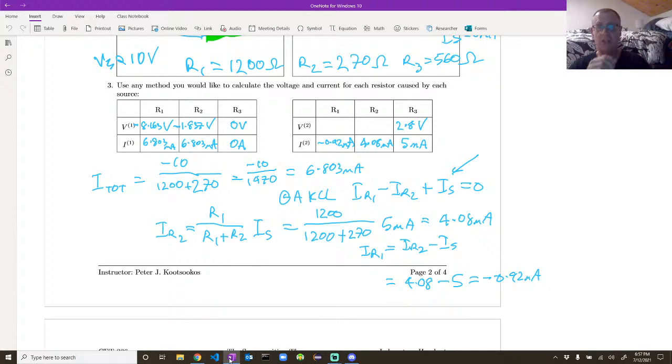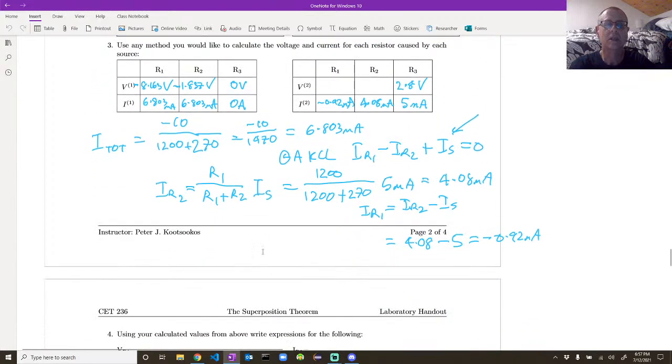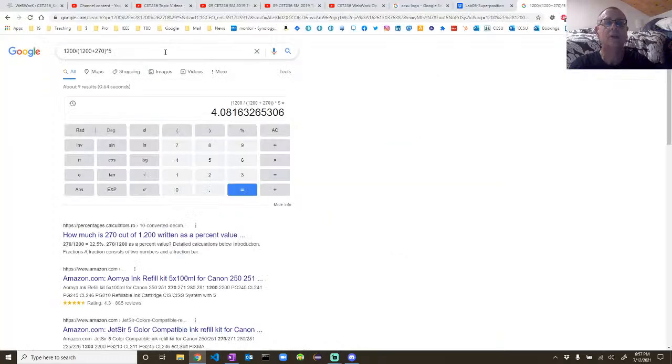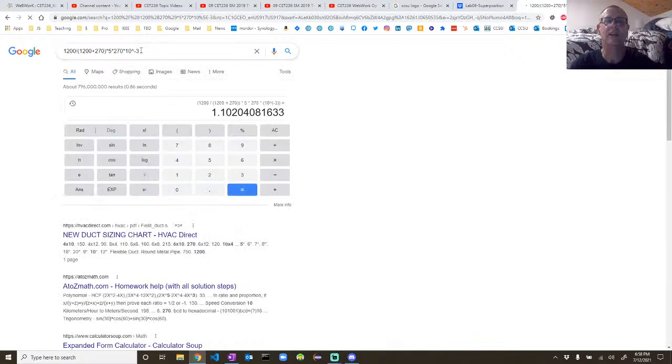And then I just need to multiply both of those by their respective resistances to get the voltage drop. So R2 is 270. So there's my current through R2, and I had to multiply by 10 to the minus 3 because the number I had there was milliamps, right? So that's 1.102.